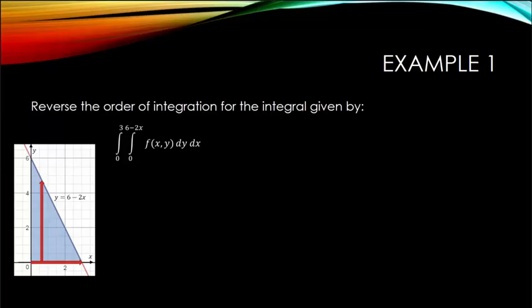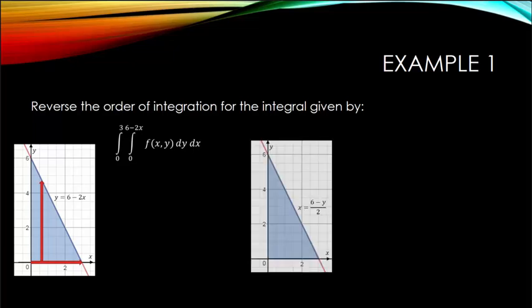But I want to reverse the order of integration. So I'm going to plot my region here, but I'm going to rewrite the equation for the bounding curve on the right by solving y is equal to 6 minus 2x for x. I'm going to get x is equal to (6 minus y) over 2.